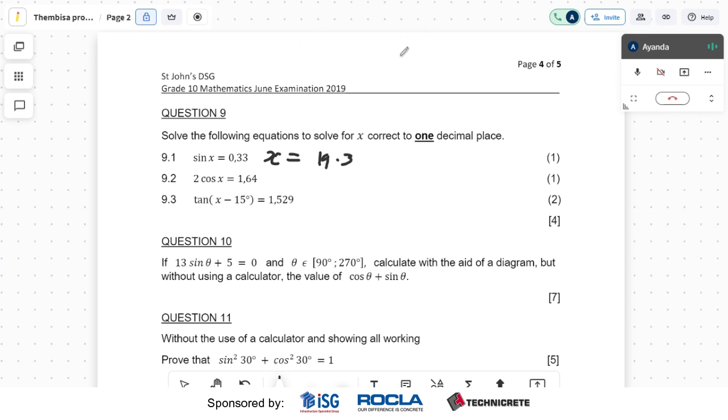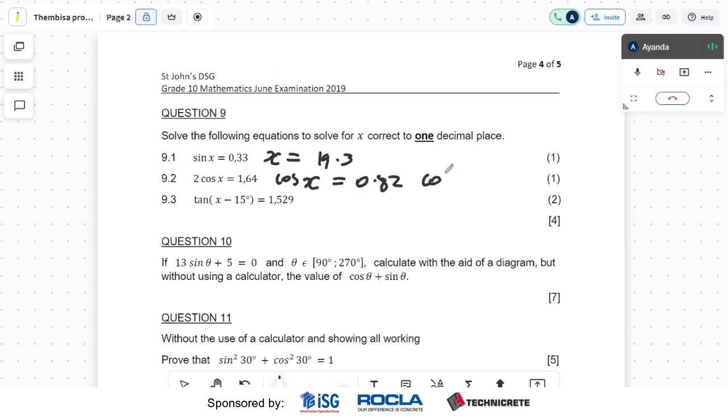For 9.2, we have 2 cos x is equal to 1.64. First, we're going to divide both sides by 2. So we'll have cos x is equal to 1.64 divided by 2, which gives us 0.82.